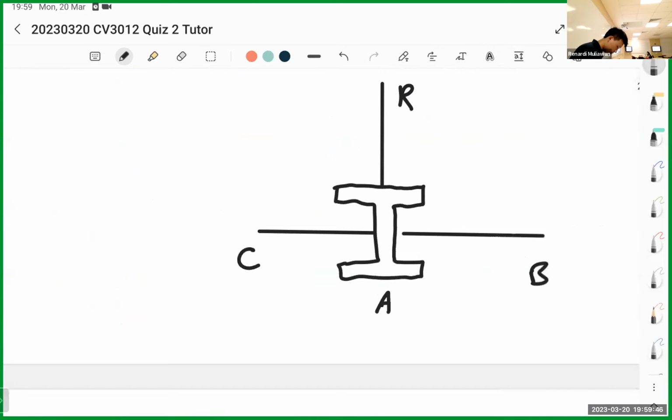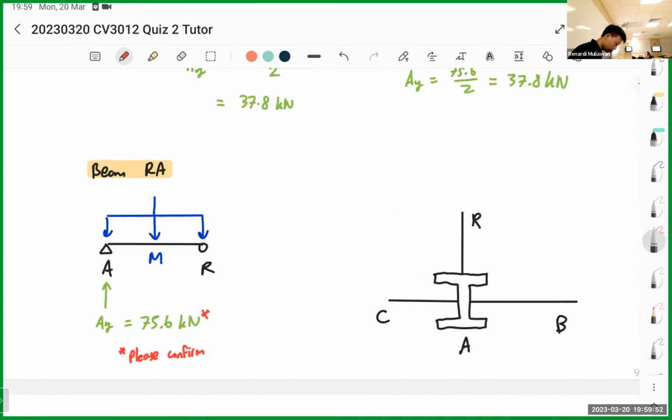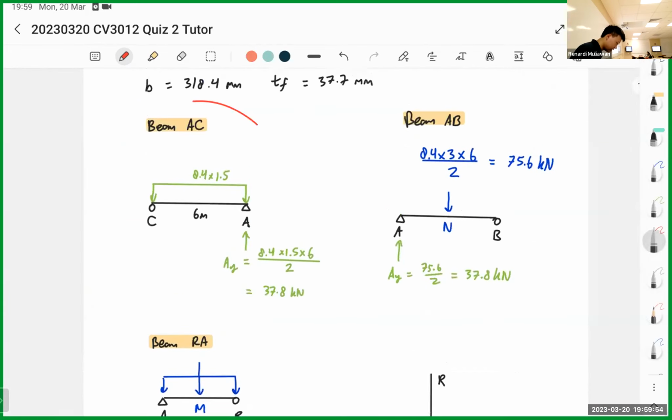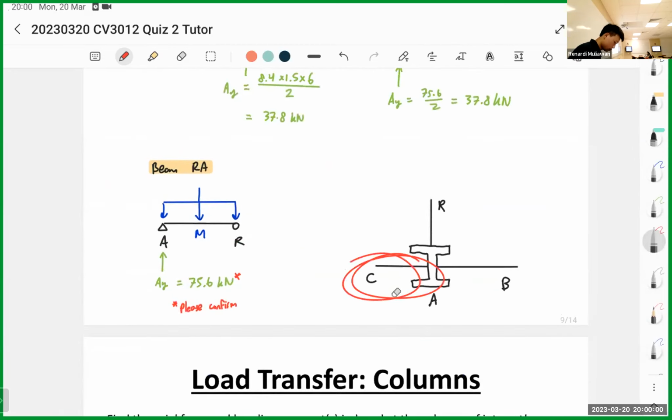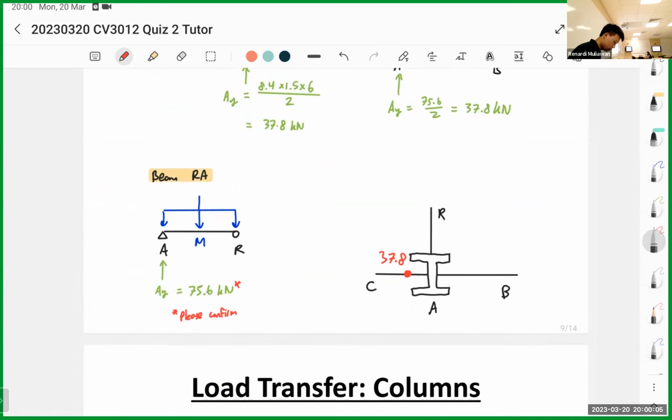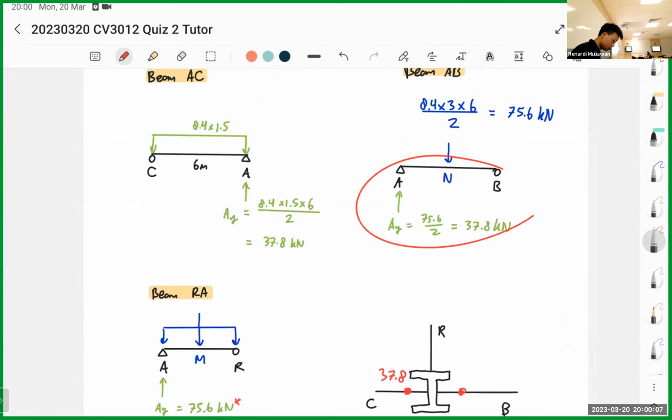Just now, right, we know that the reaction at A is what? 37.8. So AC is this beam. The reaction is 37.8. Here, beam AB, the reaction at A is 37.8.